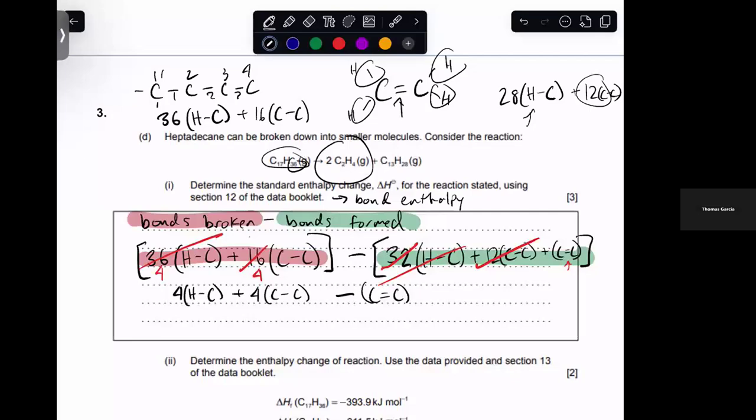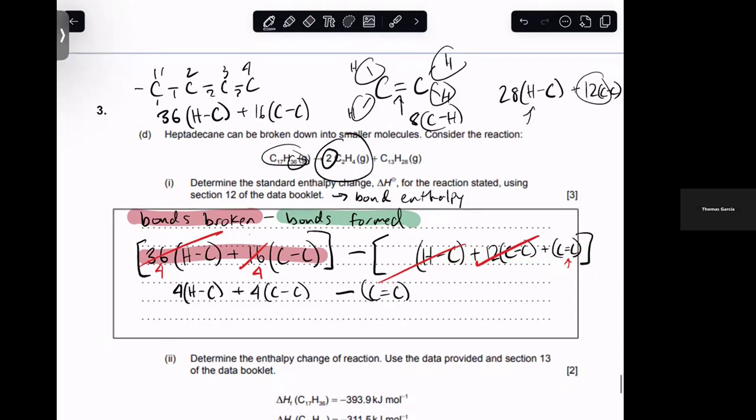Before I go further, I realize I did make one little mistake right here. I actually have 2 of these molecules. So I should have 8 carbon hydrogen bonds here. That actually accounts for 28 plus 8 is all 36.